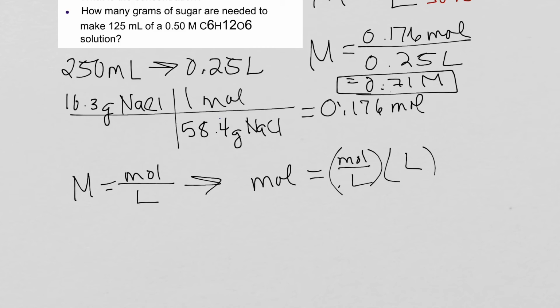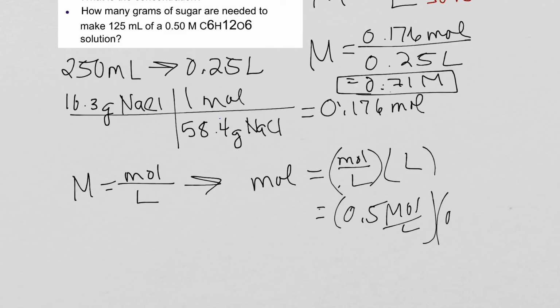Okay, so I'm just going to plug in. The only thing that I have to do is just convert this to liters, which is 0.125 liters. Okay, so I want the number of moles. Actually, I'm going to keep it right over here. The molarity is 0.5, and that's for glucose, moles per liter.